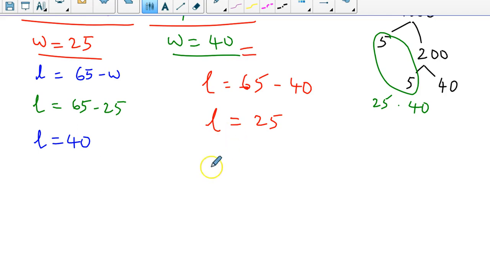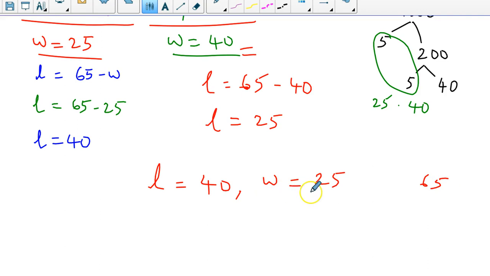So by default, usually we take the longer side as the length. So I can just say the length is equal to 40, and the shorter one, you can take as the width. The corresponding width is 25. And in the beginning of this problem, they said that the length plus width is 65. Look, 40 plus 25 is 65.